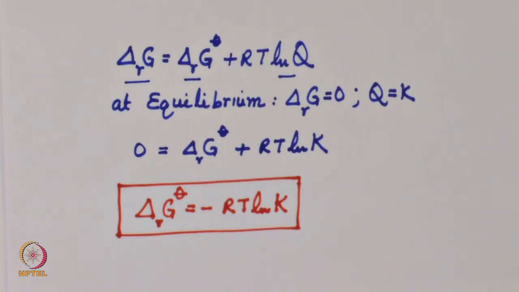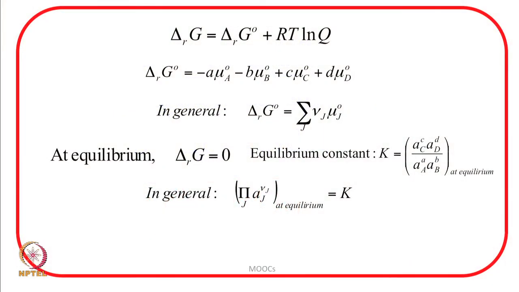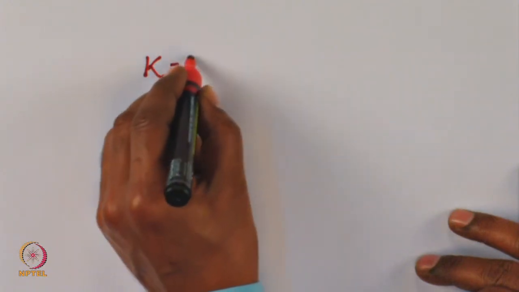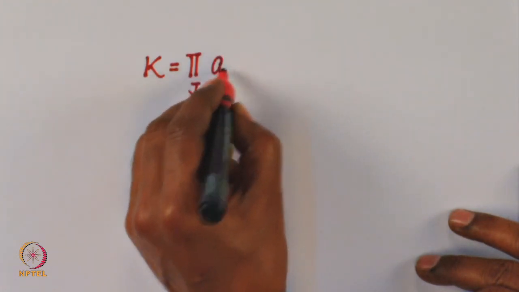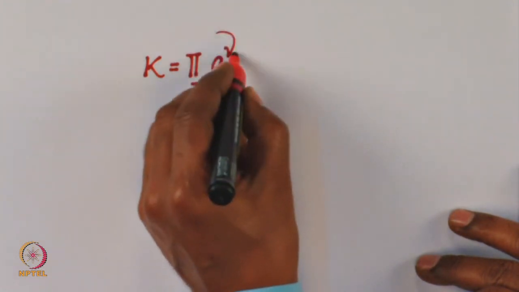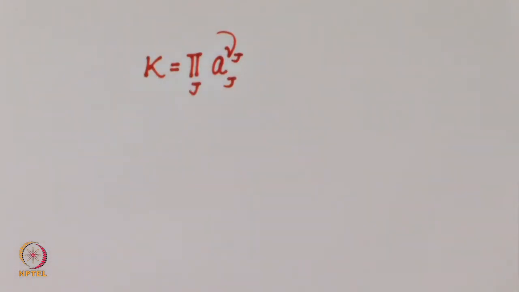And how we defined equilibrium constant? The equilibrium constant K, we got product J, activity of J raised to the power stoichiometric number.